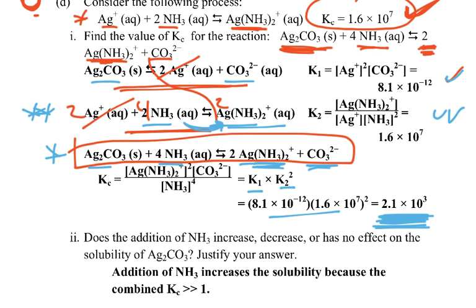We're going to end up with a fair amount of these products compared to the reactants. So that means if it drives it forward, my silver carbonate would dissolve better if I put the ammonia in. So it's going to increase my solubility, and that's because this K here is greater than 1. It's going to be product favored. I'm going to get my carbonate to dissolve.